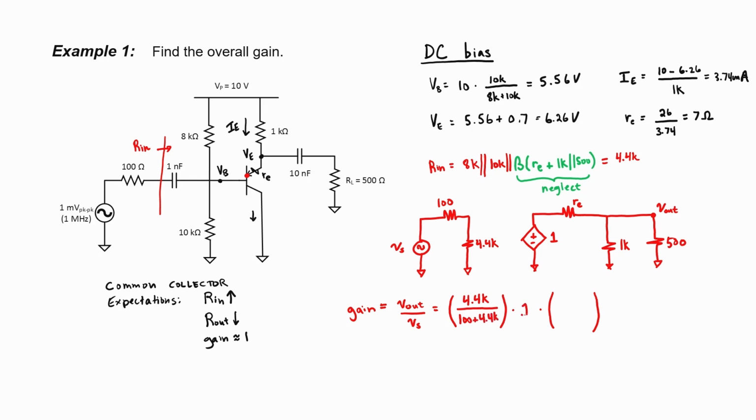Our gain stage is just 1 copied from the source. And then here we have a ratio that's very close to 1. This number is 0.98. This ratio is also roughly 0.98. So taken together, we have a gain for this circuit of about 0.96.